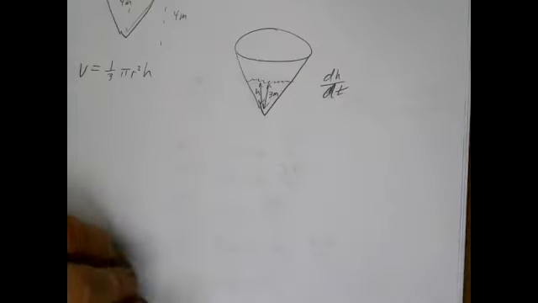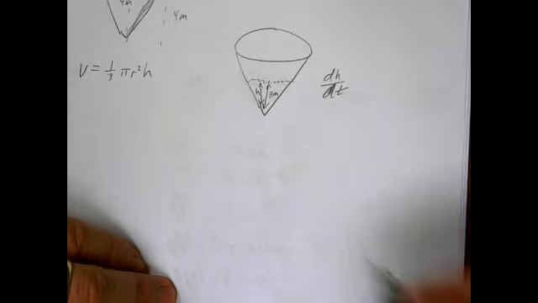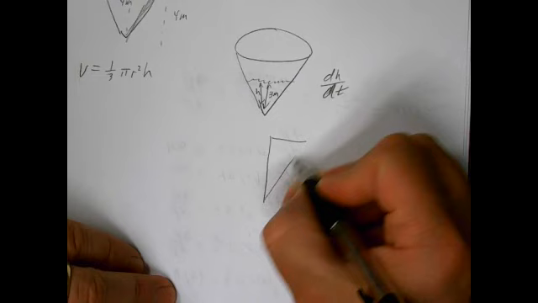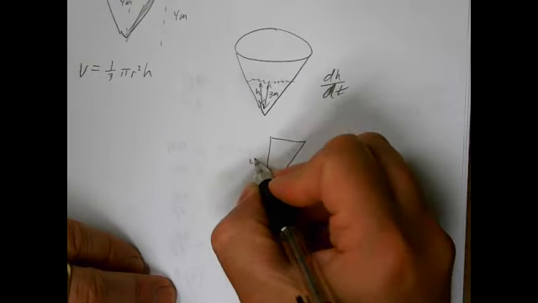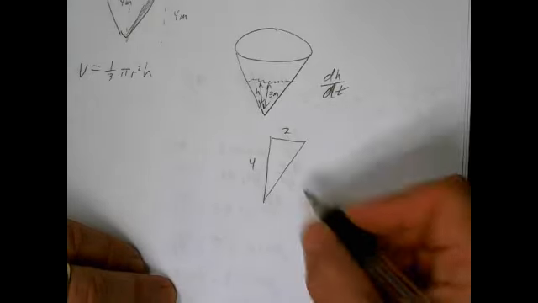So what is most commonly used in this type of situation is going to be proportional triangles. So remember I said there's sort of a triangle going on here. Let's draw it. We have a triangle here. If you look at the full size tank, it's a 4 by 2. All right. The water's not all the way to the top.